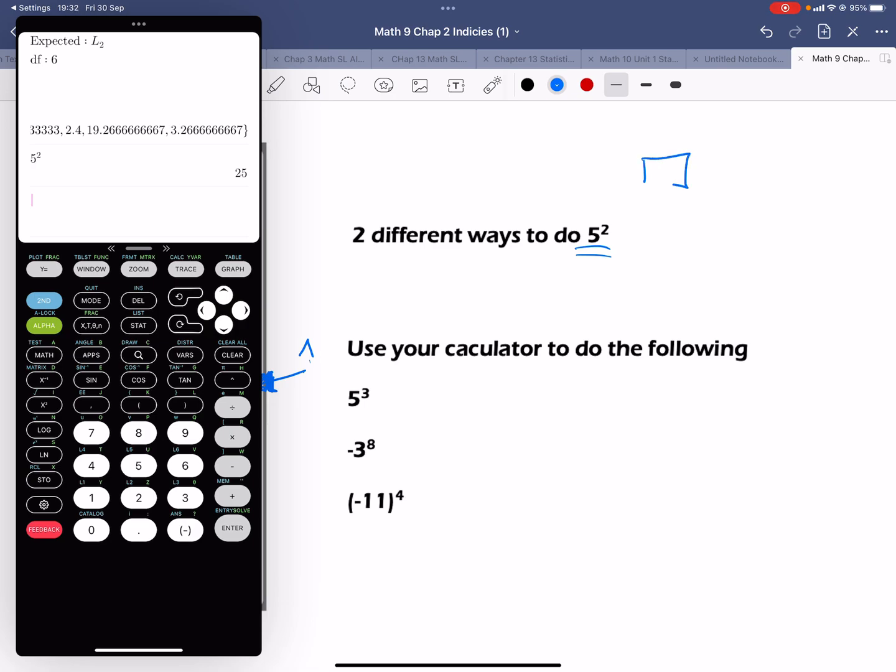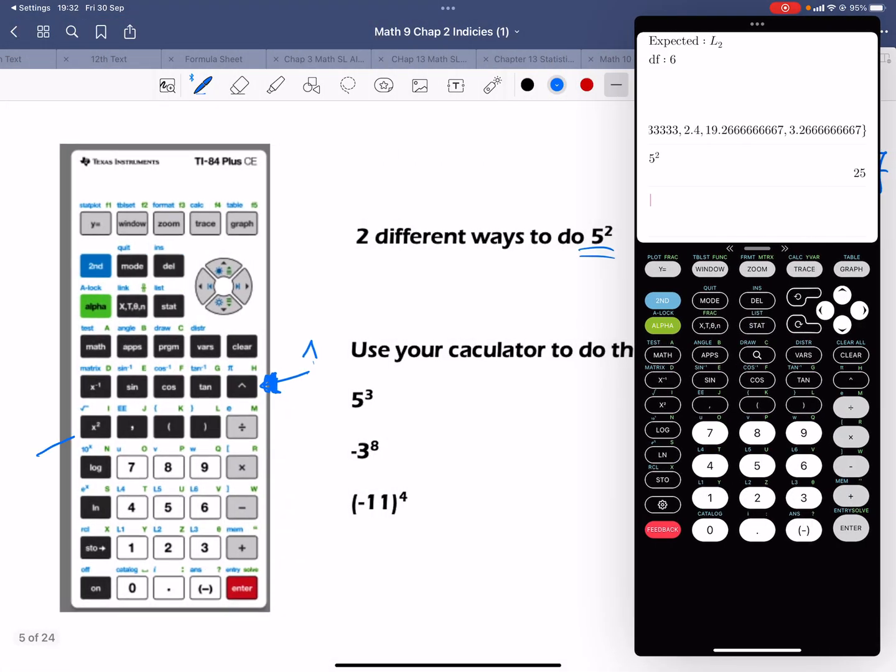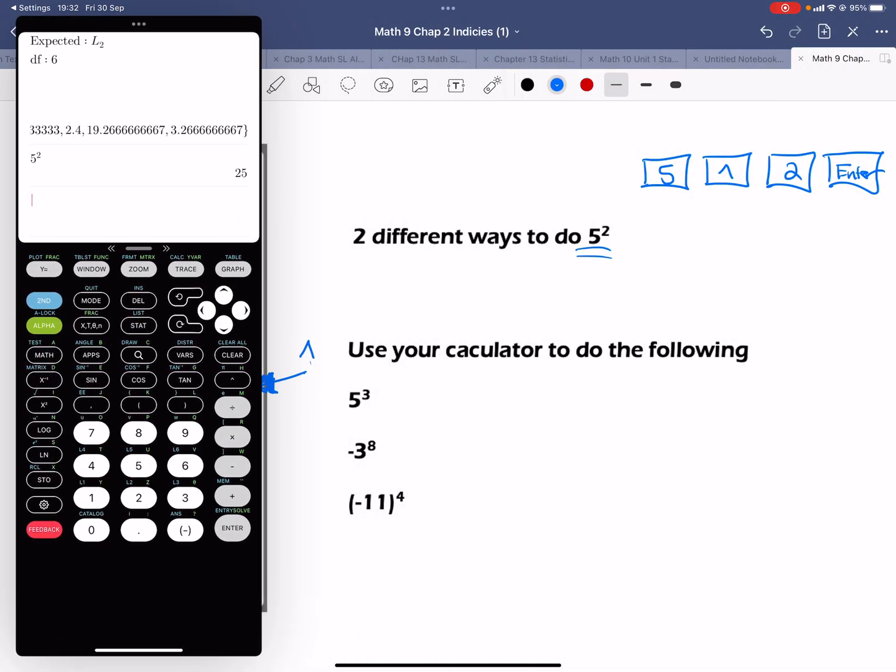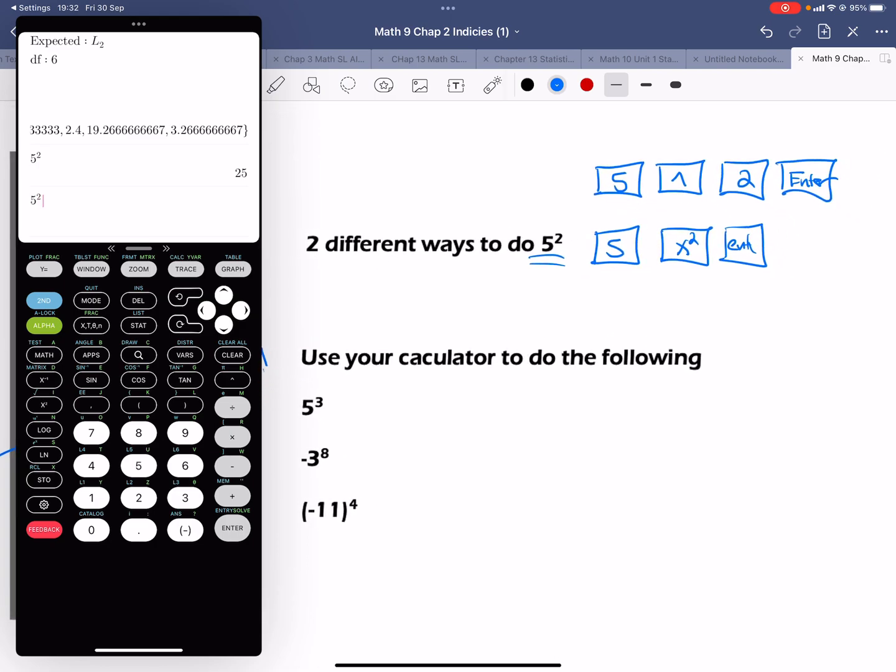We press the button 5, then the caret, and then 2, and then enter. Or there's also a squared button on the other side, right here. You just press 5, then this x squared button, which is on the left-hand side, and then press enter. That's just another way to do the exact same thing. So 5 squared gets us like that.